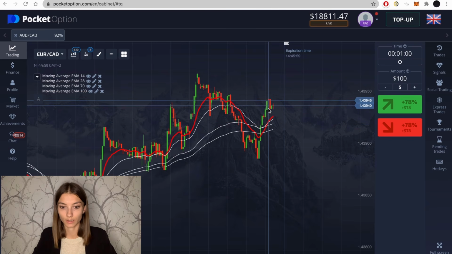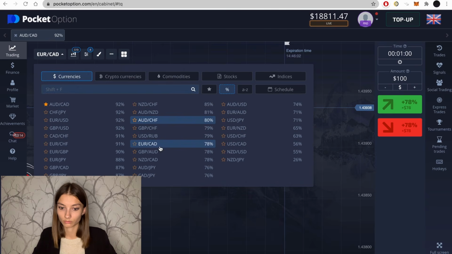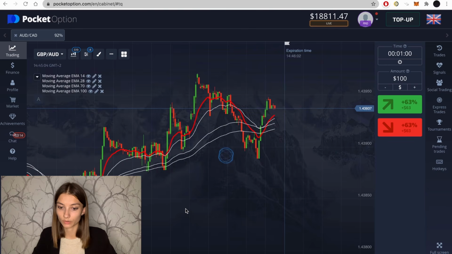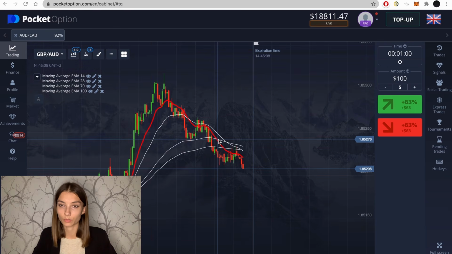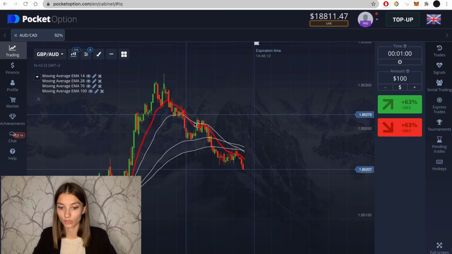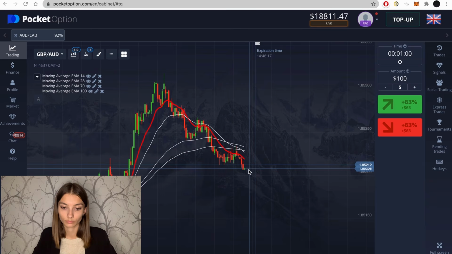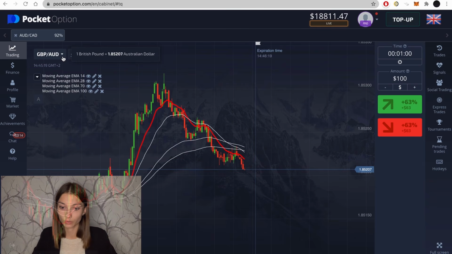Everything is unclear here. Maybe it would have closed in plus, but I didn't want to risk. I'm looking for good intersections when I can open a good deal. Here we would get a plus.